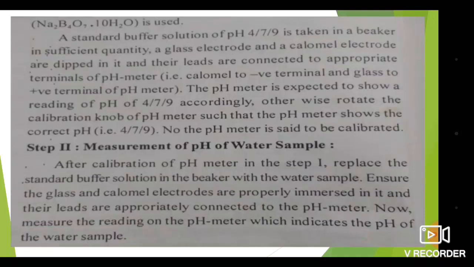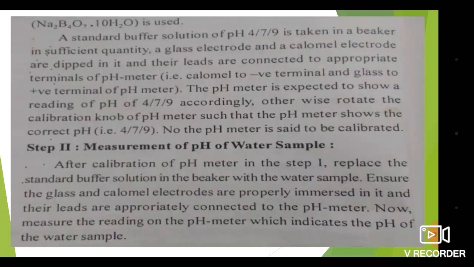The pH meter is expected to show a reading of pH 4, 7 or 9 accordingly. Otherwise, rotate the calibration knob of the pH meter such that it shows the correct pH, that is 4, 7 or 9. Now the pH meter is said to be calibrated.